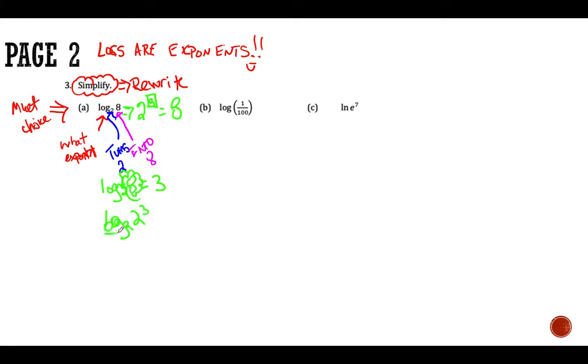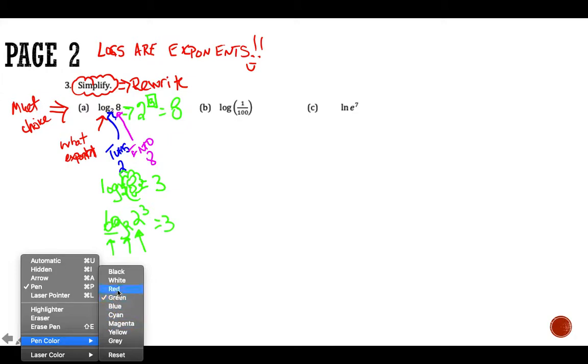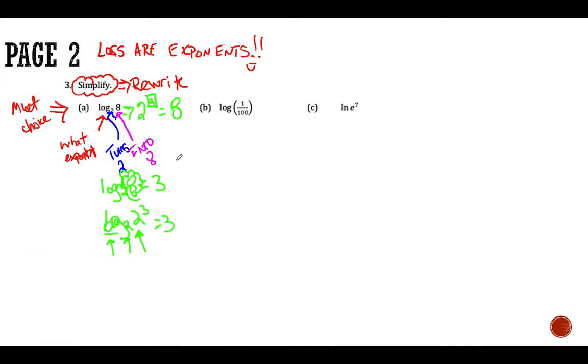So the exponent that turns 2 into 2 to the third is 3. Logs are exponents.